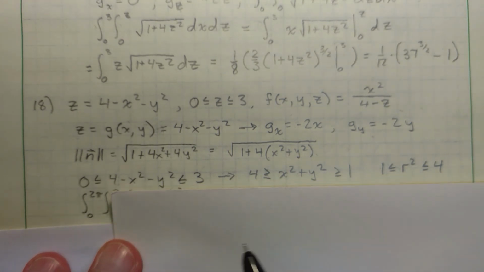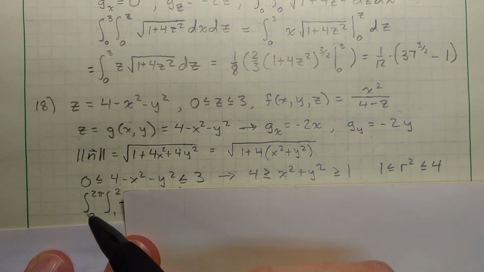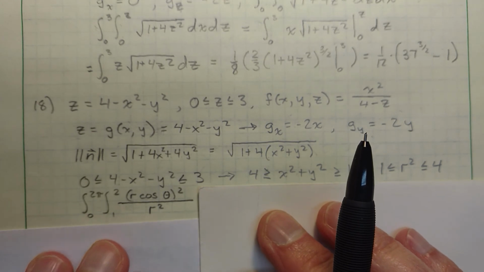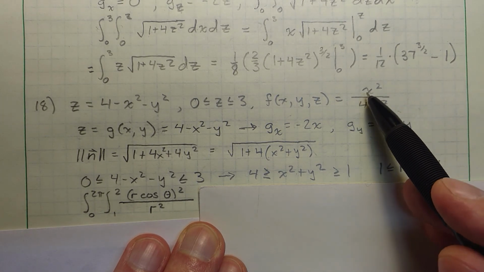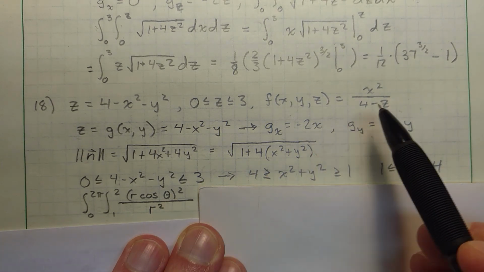So changing to polar, I know my theta is 0 to 2 pi. I know my r is 1 to 2. Here is my basic equation here. My x is r cosine theta.